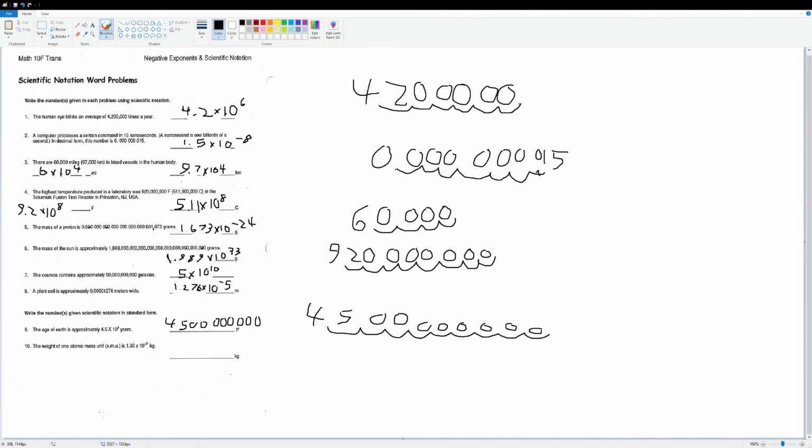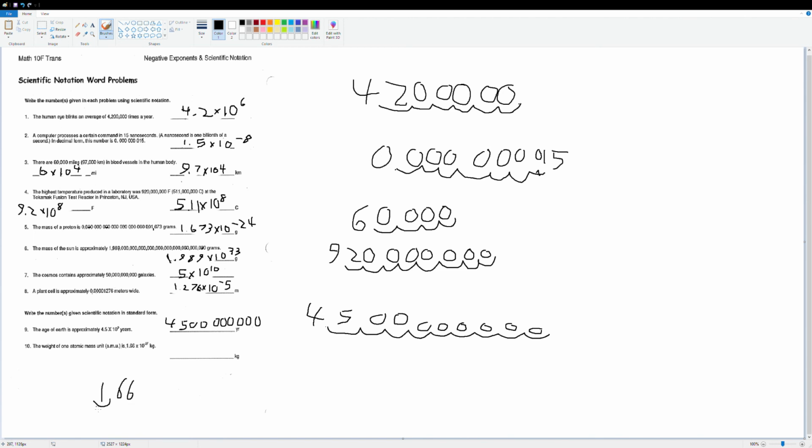Now, this next one is again a very, very small number. We take 1.6 times 10 to the negative 27. If we write out 1.66, we're going to move it once to get out on the other side of the 1, and then we need to add another 26 times. So all we have to do is add 26 zeros.